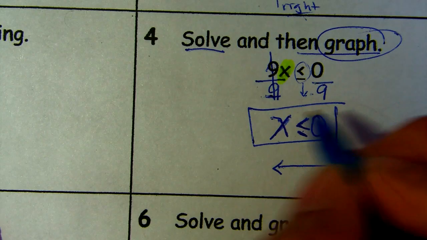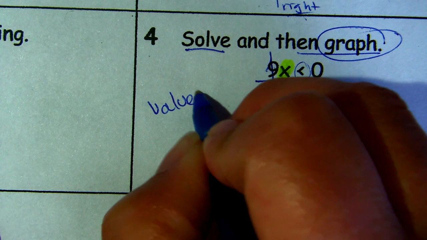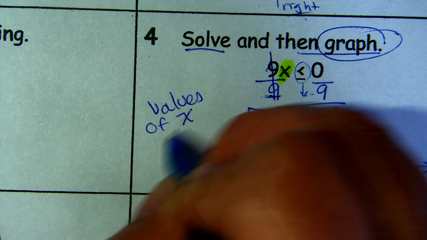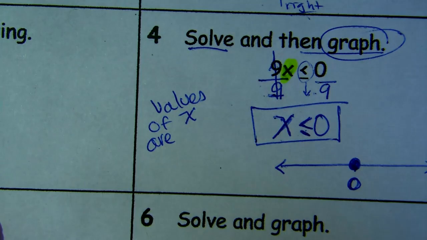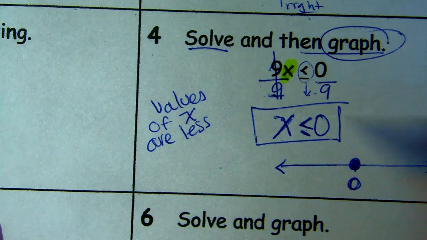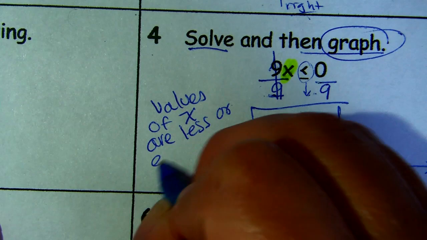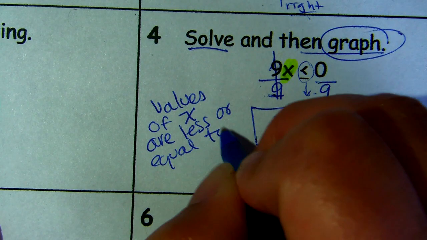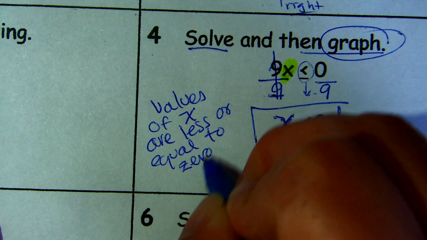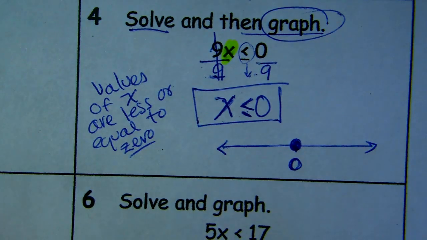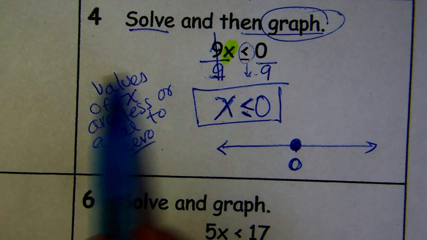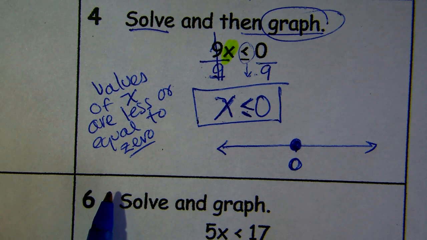Let me write it over here: values of x are less than or equal to 0. This is how you read this inequality.